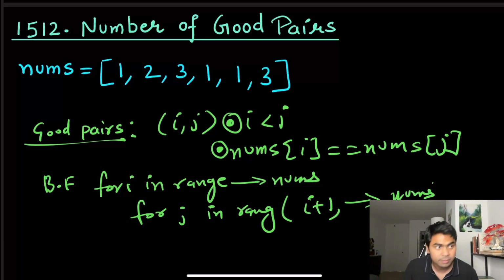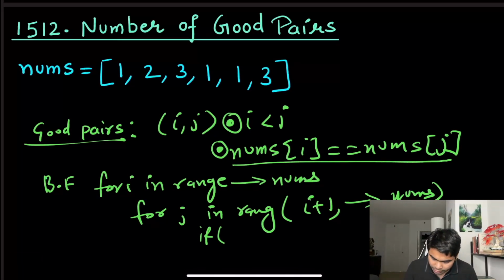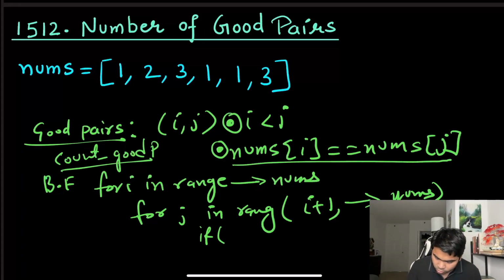Then you check if those two numbers are equal. If they are equal, you increment your count of good pairs.